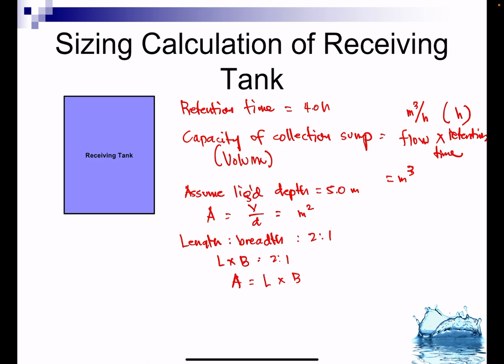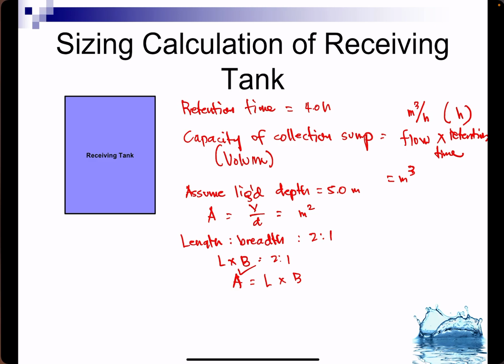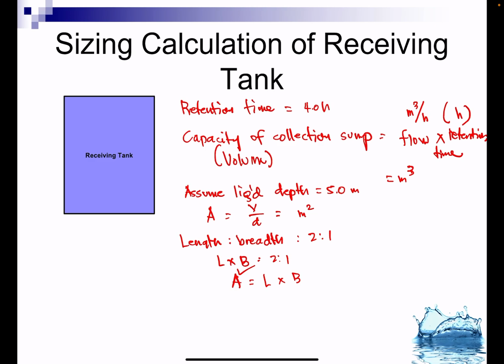So L times B. Alam mo to, you know the ratio of L over B, or L times B is 2:1. You could now compute for your breadth and your L. Once you know this, the size of your receiving chamber would then be L times B times the assumed liquid depth. So times the depth.